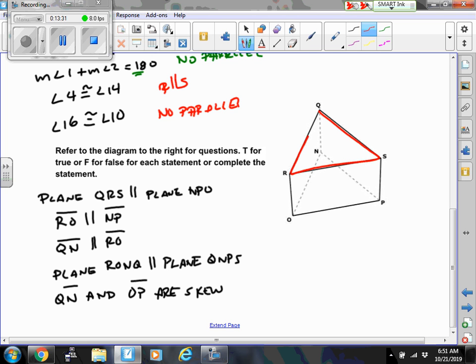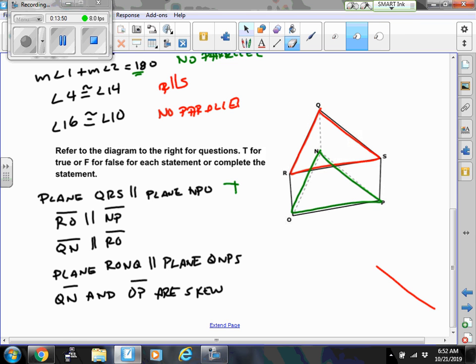PQS looks like the top piece, and NP, I'll do that in a different color. Maybe I'll see it better. NP, those look like parallel planes, one on the top, one on the bottom. So I believe that is true based on the picture.